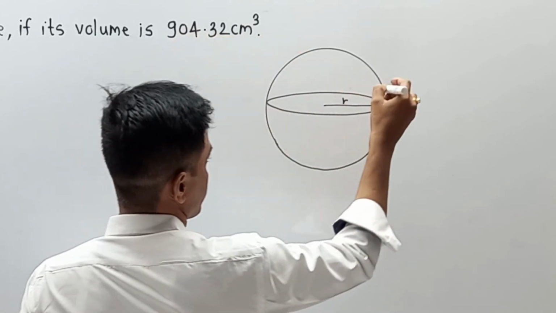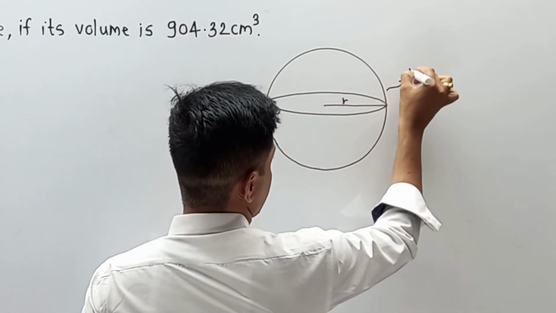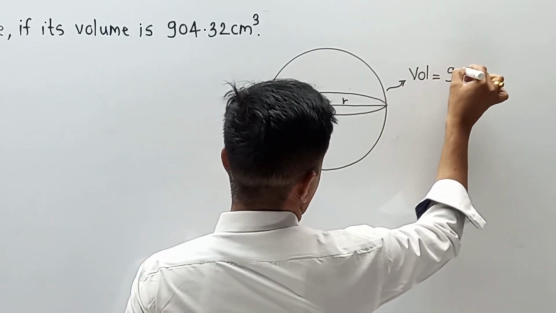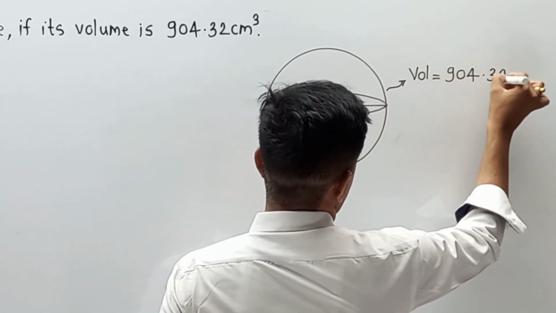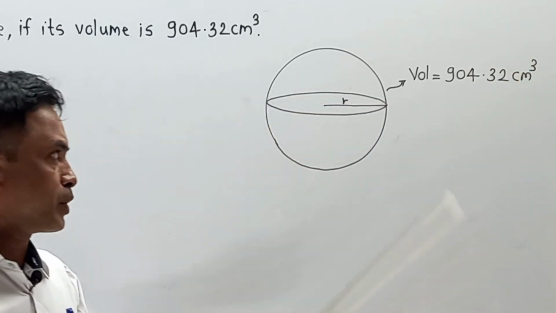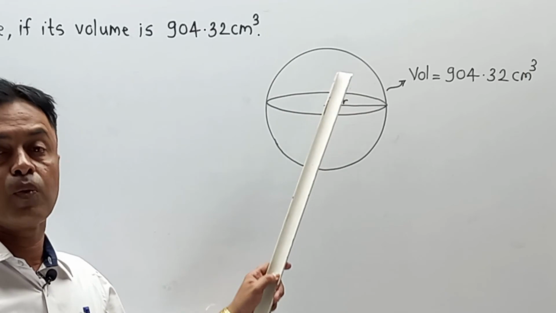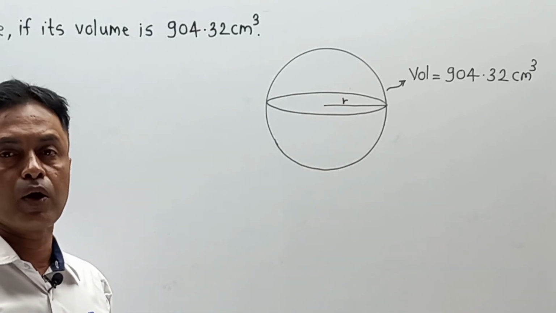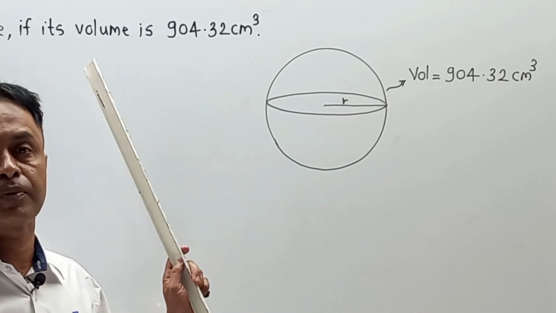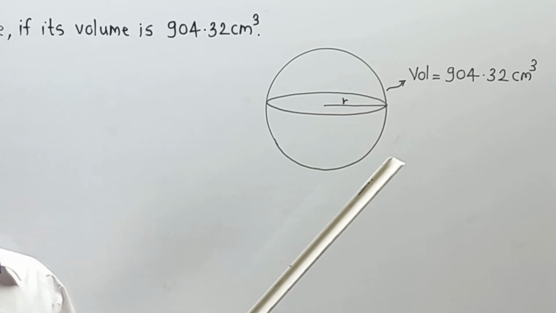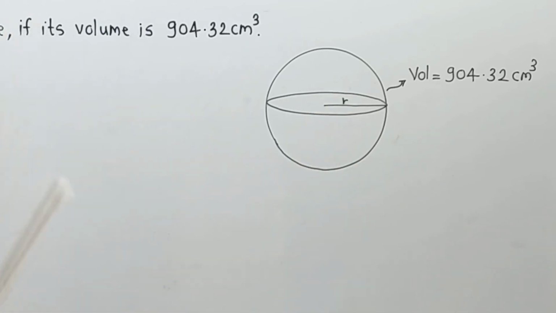As per their condition, they have given volume equal to 904.32 cubic centimeter. Now, we know that for a sphere, volume is nothing but 4 by 3 pi r cube. All values are known because they have given pi as 3.14. Naturally, we will get r cube, and with the help of r cube, we are going to find the value of r. So, please pay attention.